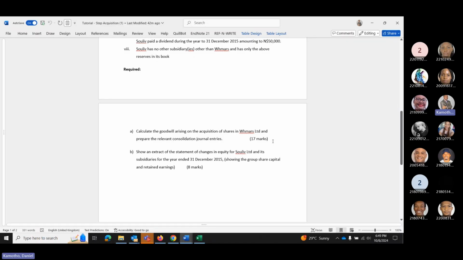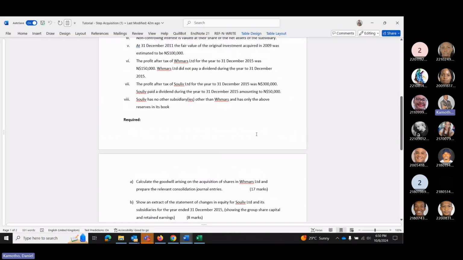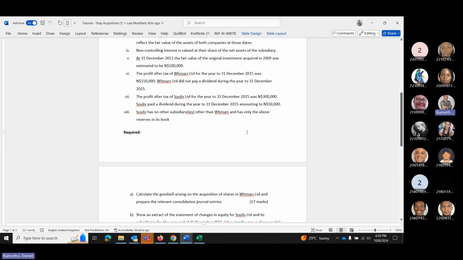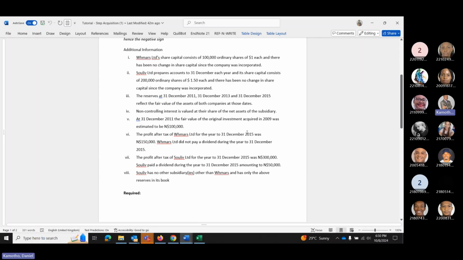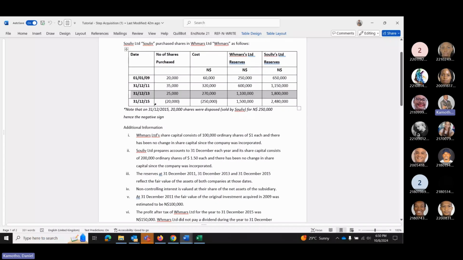We are doing the journal, and we are to show the extract of the statement of changes in equity solely for the year ended 31st December 2015. The trouble is we need to separate 2015, because we want to show the movement in the retained earning. The movement in the retained earning only shows the balance brought forward and the movement for the year.